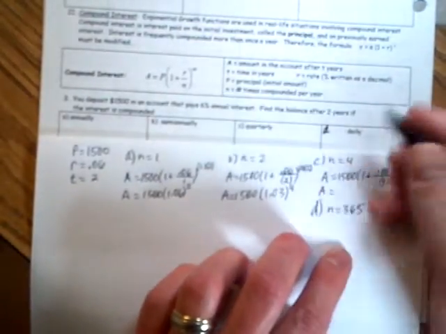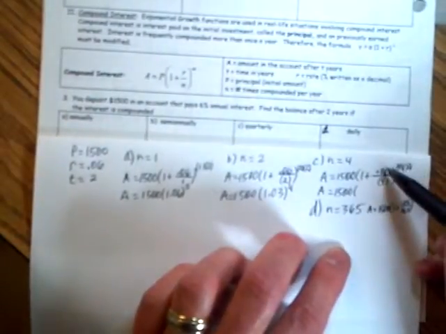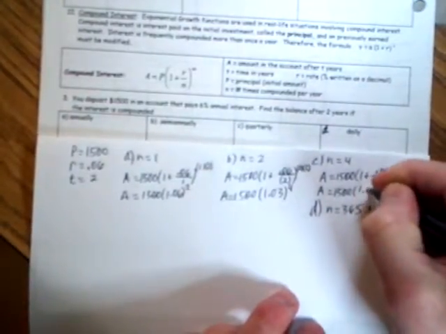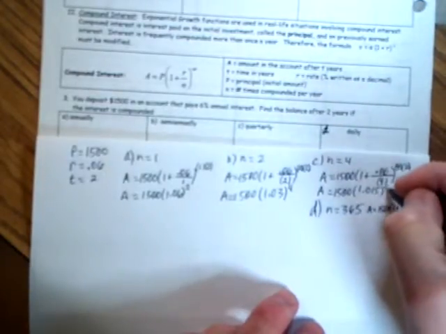For this one, let's see. 0.06 divided by 4 is 0.015, so this becomes 1.015, and that's raised to the 4 times 2, which is 8.